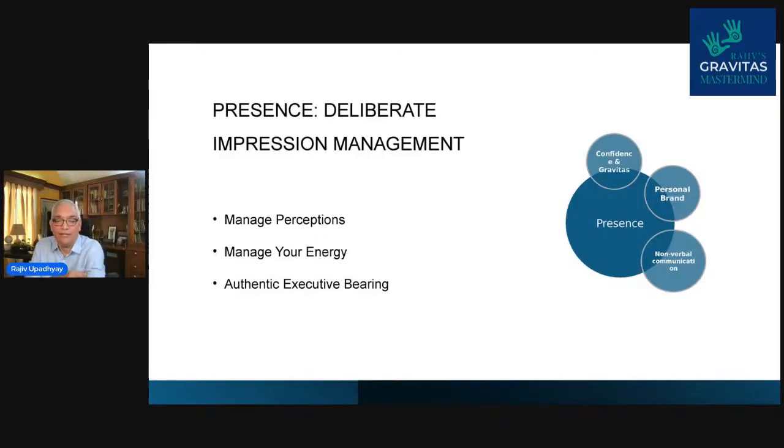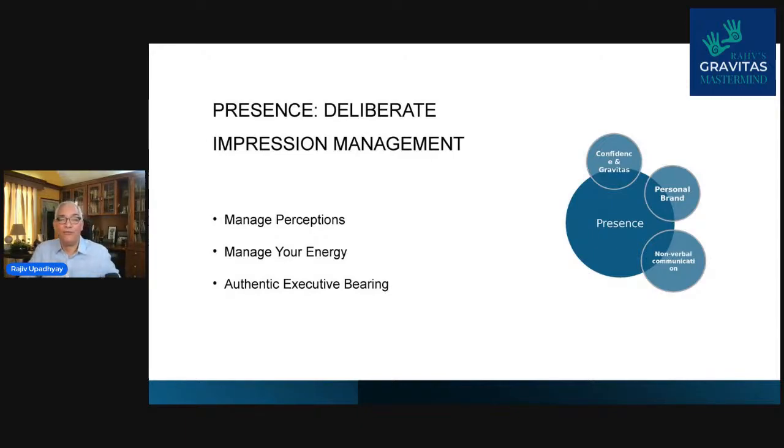Manage your energy, in the sense, if you are constantly feeling like a headless chicken, constantly running around and you are between meetings, or you are constantly rushed about things, then people will think about you in a certain way. But if you are totally not interested in things and your energy is on the other extreme, which looks disconnected, not interested, then it communicates something else to people.